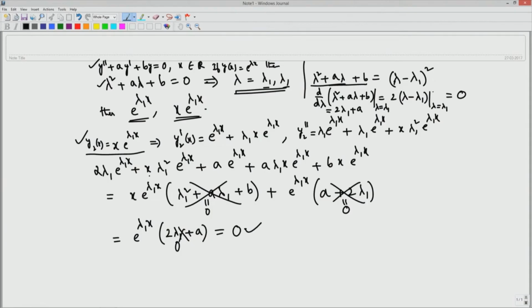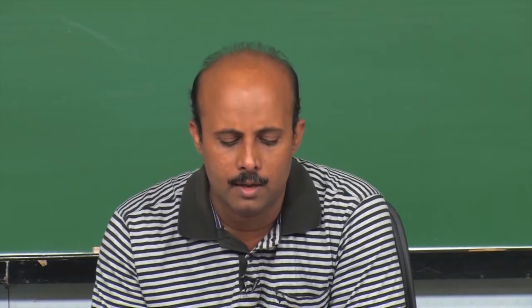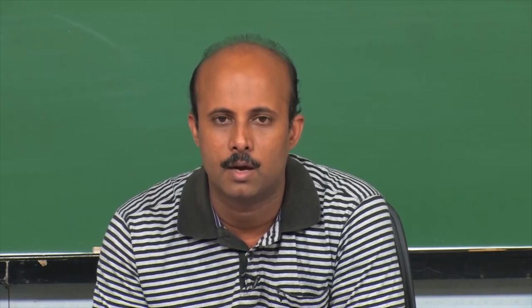So that is what you are going to use. Using that property you can show that when lambda 1 is repeated k number of times, 1, x and so on up to x power k minus 1 multiplied with e power lambda 1x are the solutions.